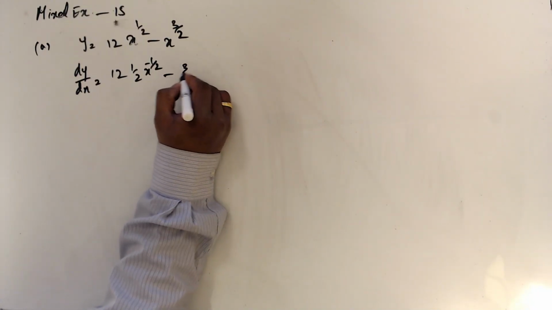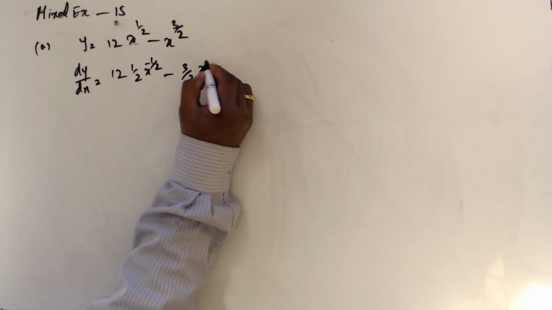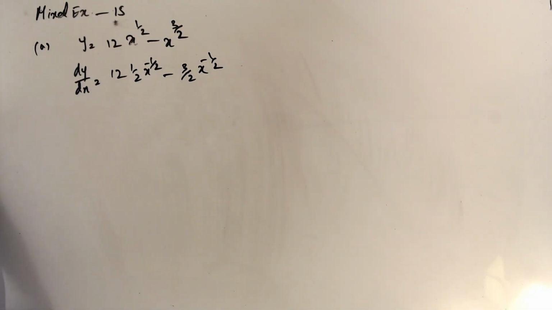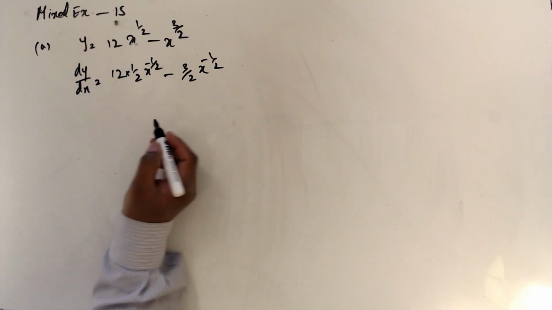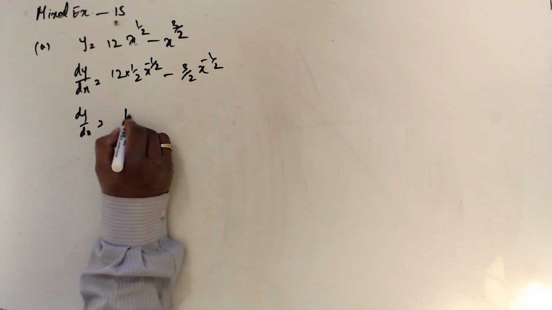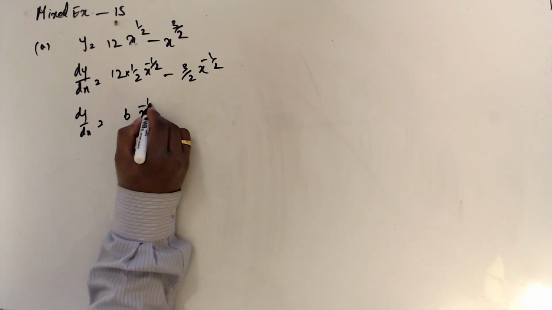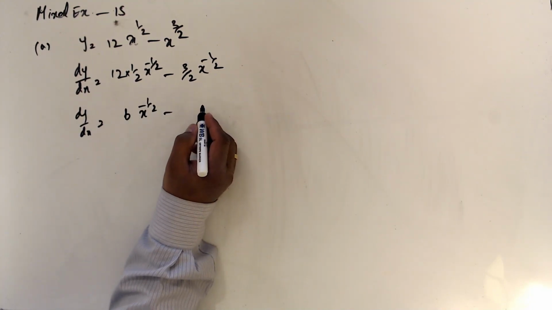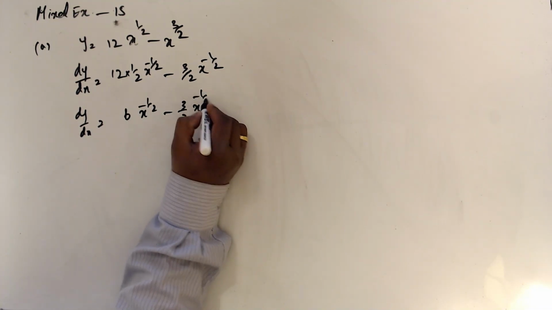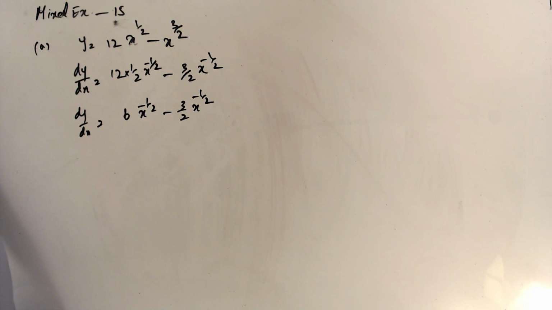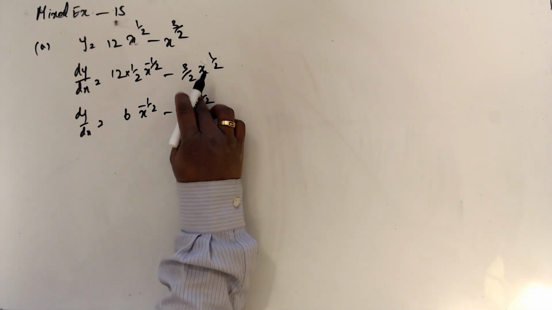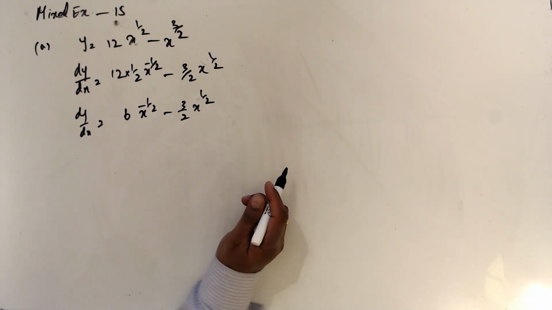And 3 over 2 x to the minus half. So dy over dx equals 6x to the minus half over 3 over 2 x to the minus half. Actually this is plus half, 1.5, when you take out 1, this is plus half.